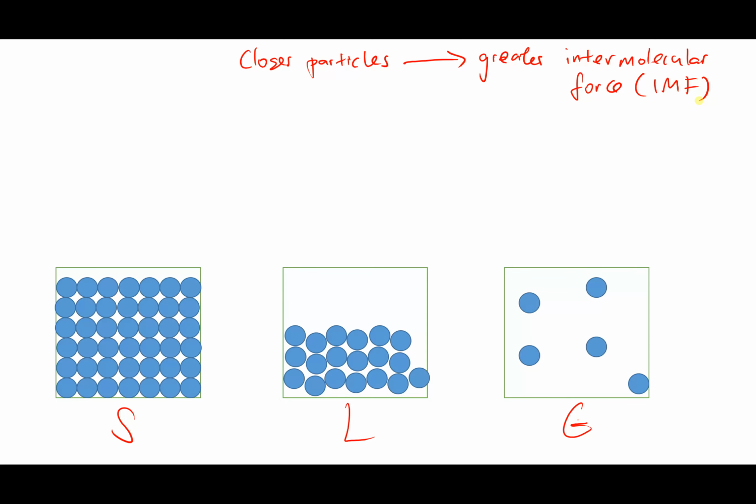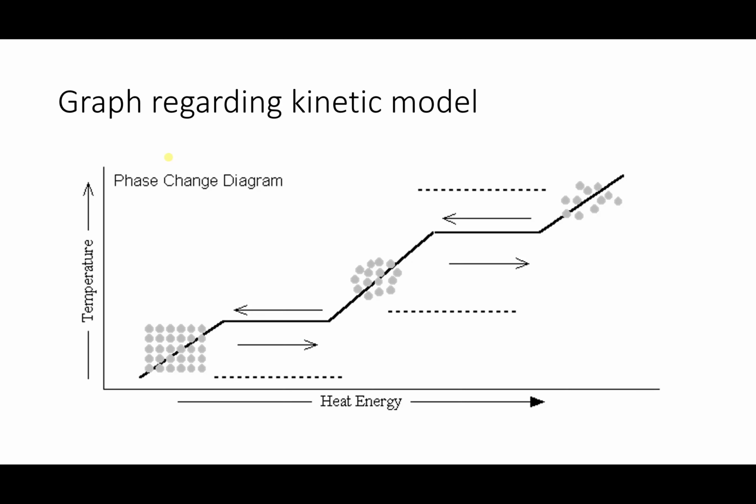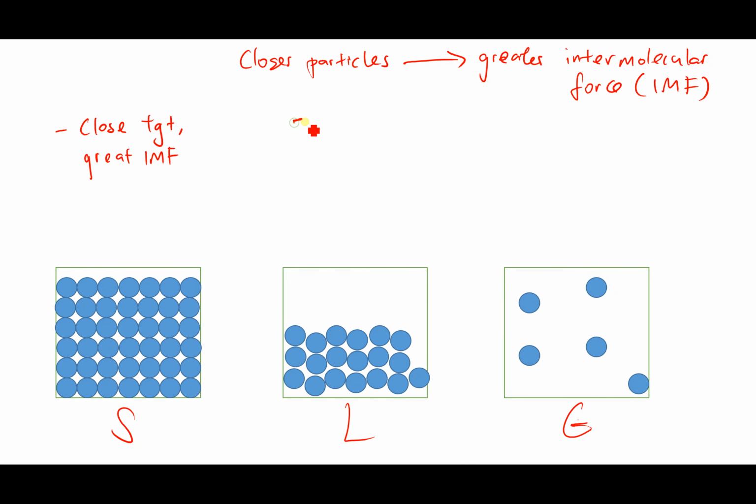So for solid, because the particles are close together, we expect a great intermolecular force. For liquid, however, they are not so close together. In fact, the arrangement is irregular, however, to a confined space.